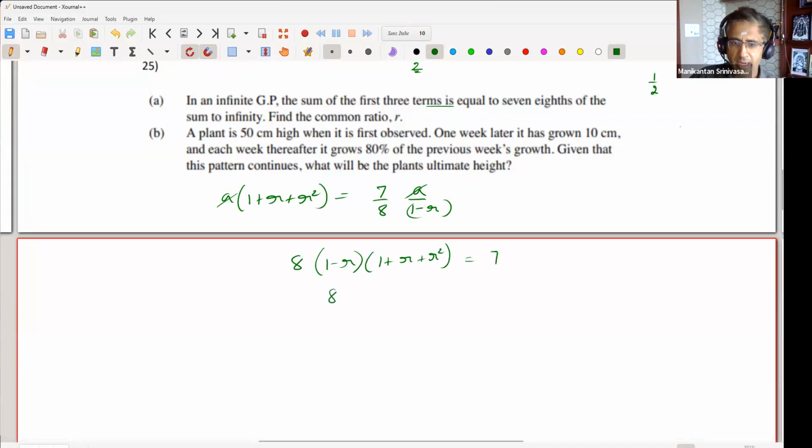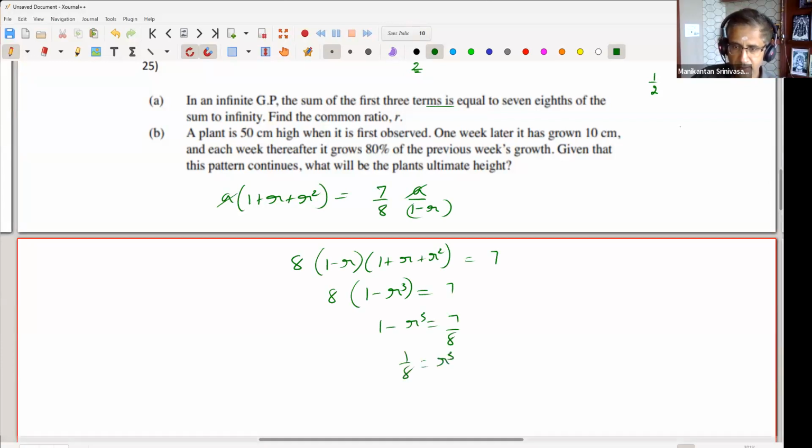This is nothing but 1 minus R cubed, so 8 times 1 minus R cubed equal to 7. So 1 minus R cubed equal to 7 by 8. Therefore, 1 by 8 equal to R cubed, like you said. And therefore, R is half. There are no complex numbers in this at all, right? Just simple, plain. R equal to half.